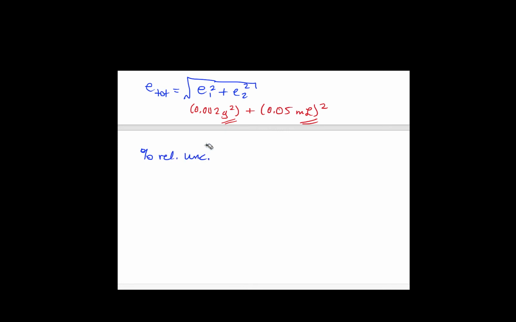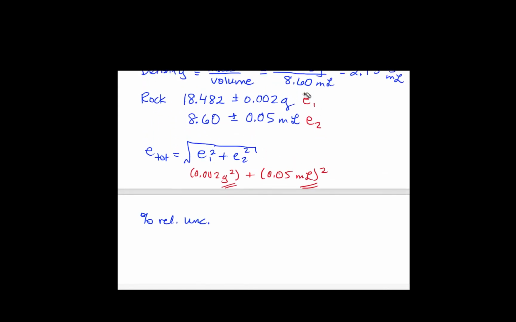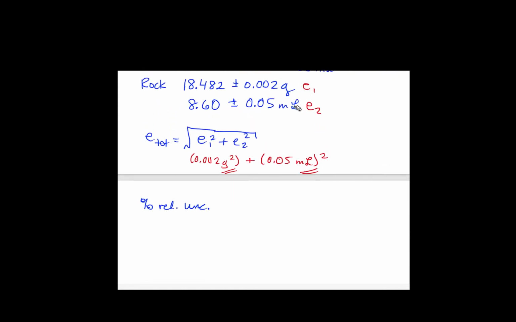So why don't you pause the video for just a second and calculate the percent relative uncertainties for the mass and the volume. Okay, so those percent relative uncertainties should look like this.